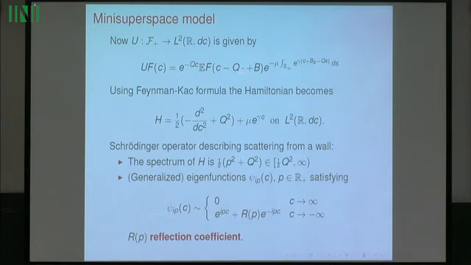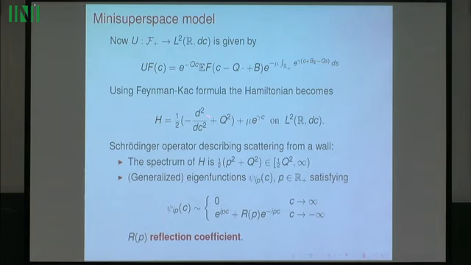There's nothing else in my randomness, and then it's a simple exercise to see that what you are really doing here, the generator of the time translations, is by a Feynman-Kac formula given by just the following operators.